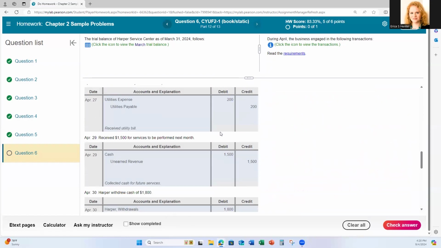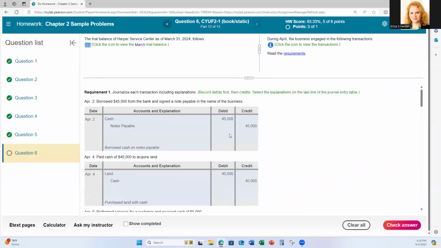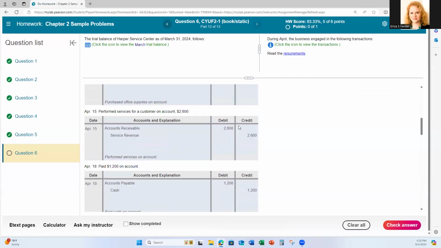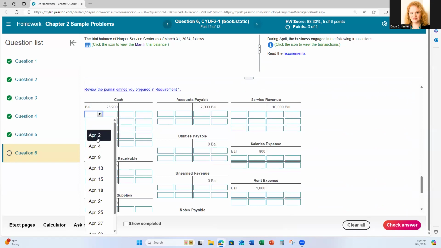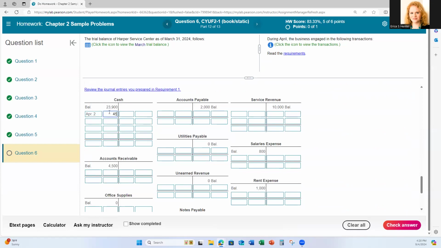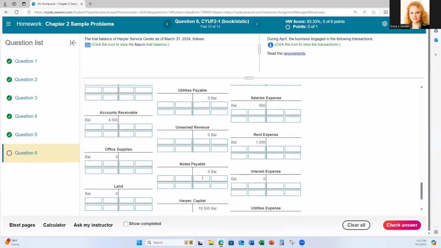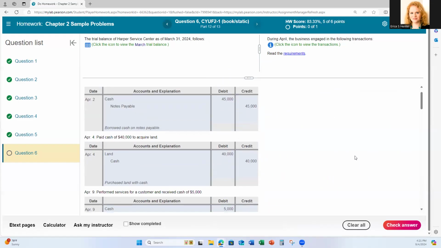All right, so looking back in order, debiting cash, crediting notes payable for 45,000. All right, so that's our first transaction.